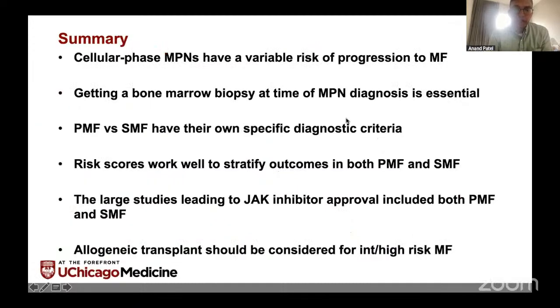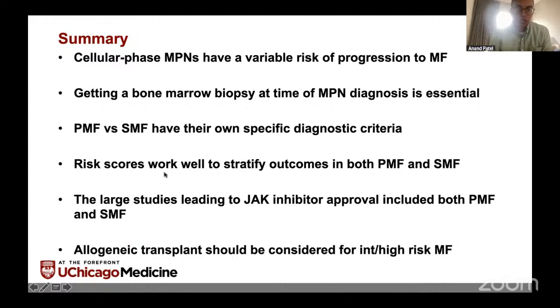So in summary, chronic phase MPNs have a variable risk of progression to myelofibrosis. I would very strongly advocate that if an MPN is being suspected, a bone marrow biopsy should be done. A diagnosis of MPN should not be made on blood counts alone. Primary versus secondary myelofibrosis have their own specific diagnostic criteria.